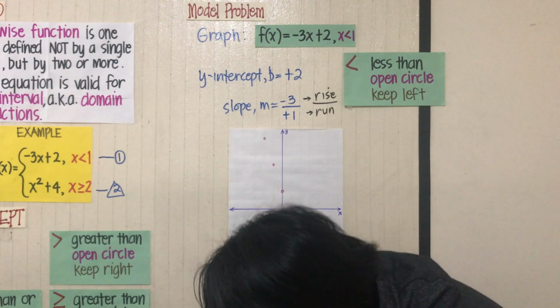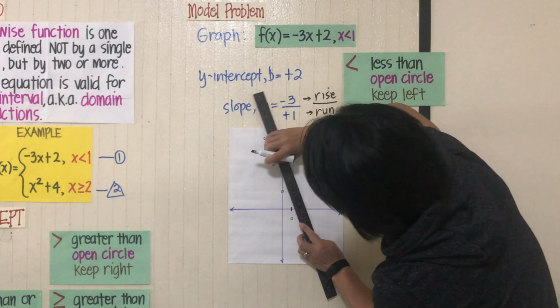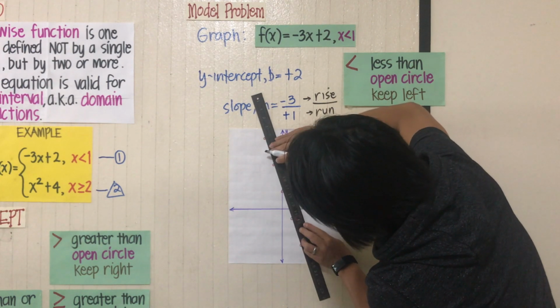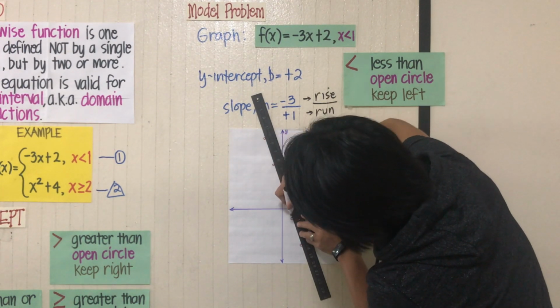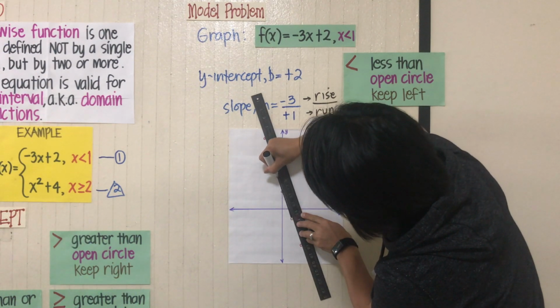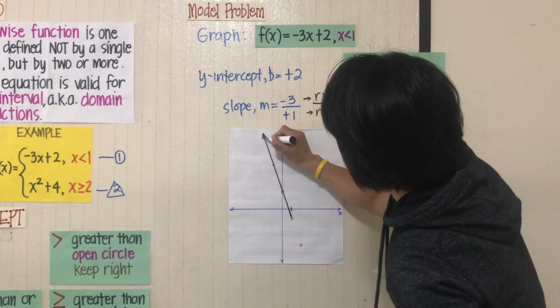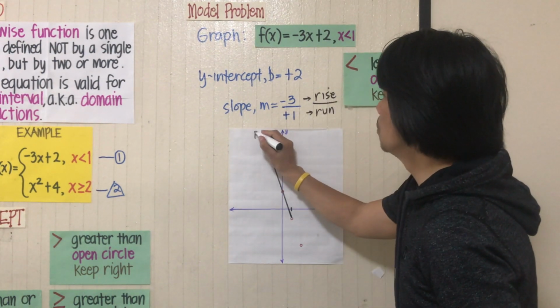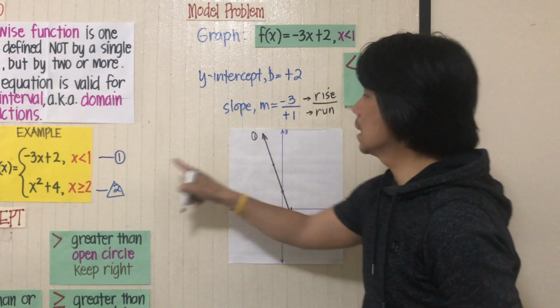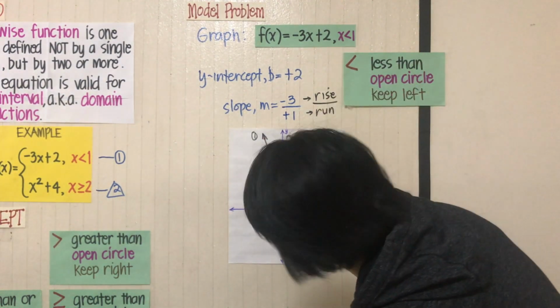So how do we do that? Just simply connect all the points, the open circles, from here. Make sure you don't hit the open circle there, and then draw the arrowhead, and write down 1 just to indicate that this is your first equation, or first piece.